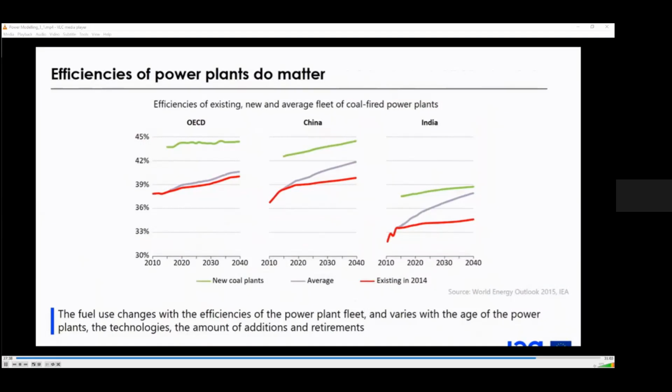Once we have electricity generated from the dispatch module, one key element to consider is the efficiency of these plants. This is really key to determine the overall efficiency of the park and therefore the fuel use by type.